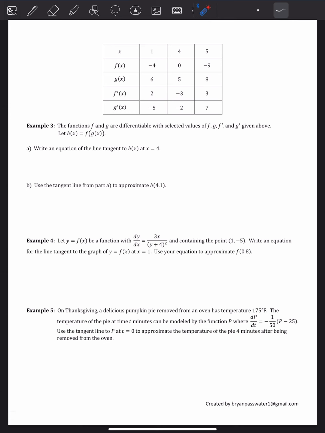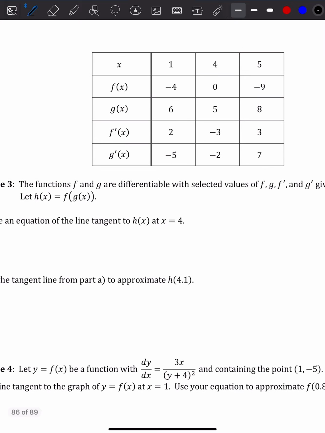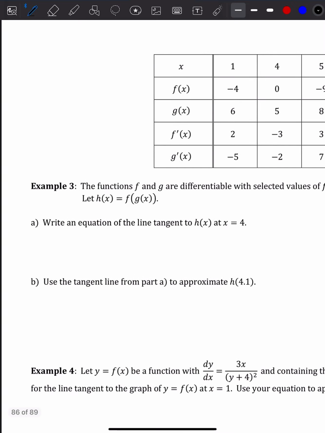Okay, the functions f and g are differentiable, with selected values of f, g, f prime, and g prime given above. H of x is equal to f of g of x. Write the equation of a line tangent to h of x at x equals 4. So I need my point and I need my slope. So the first thing we're going to find is our point.